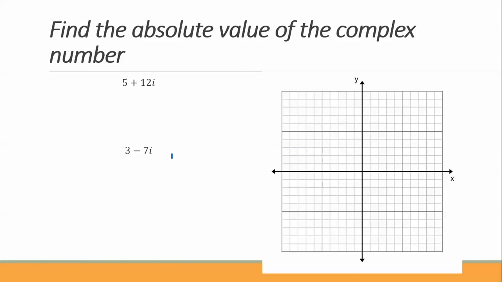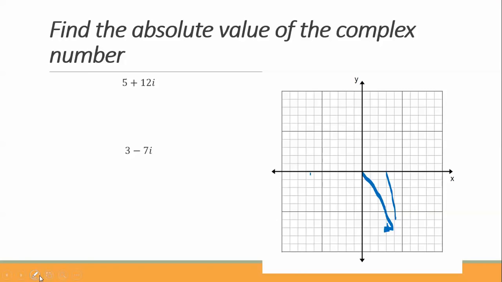Looking at 3 minus 7i, this one will just keep the increments as 1 and 1. So 3, 1, 2, 3, minus 7i, 1, 2, 3, 4, 5, 6, 7. That's down here. And then we have this triangle.